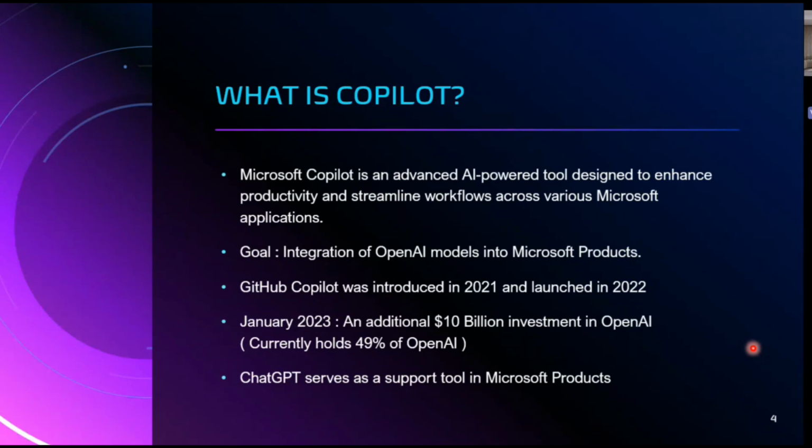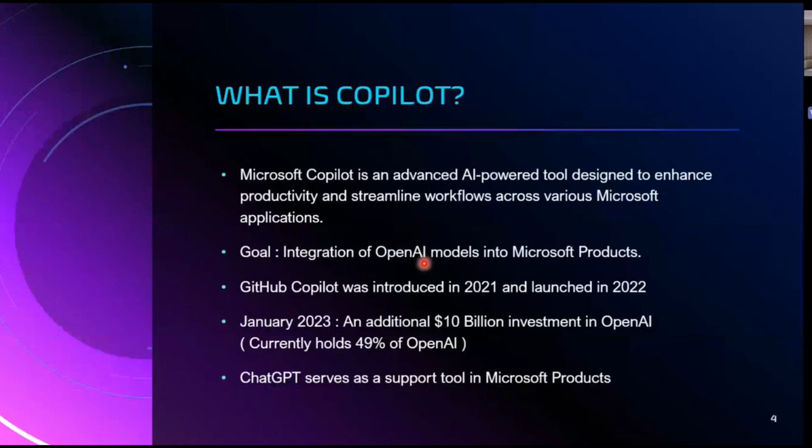And after having so many workflows designed, and after identifying so many varieties, they found this should be good enough to integrate with our modern technologies as well. So why not integrate in Outlook, in PowerPoint and Teams, wherever we are using more communication and sharing data. So this is the goal of integration with OpenAI.